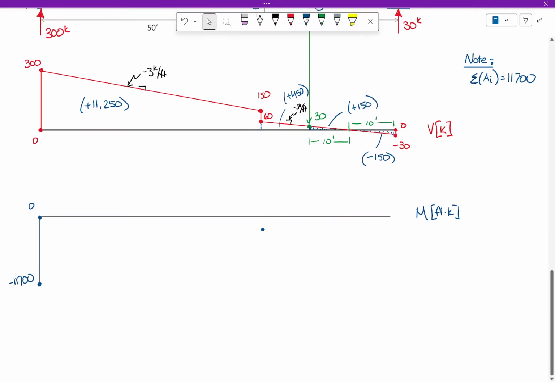So, like I said, the scale is going to be way off here. But maybe what we'll do is... Now, is that going to go like that, or like that? So what's going to happen from here to here is it's going to be another parabola, right?